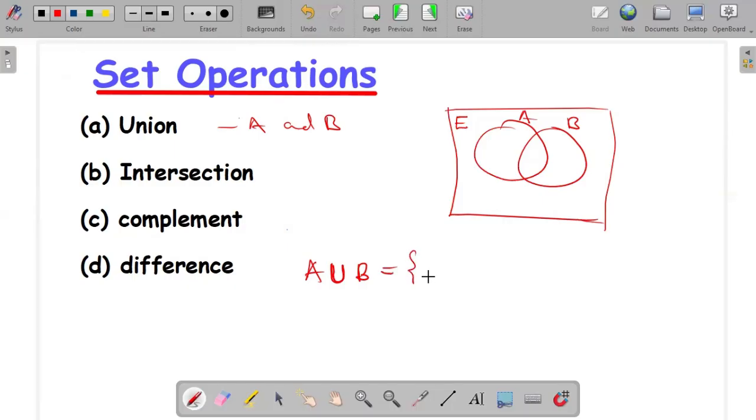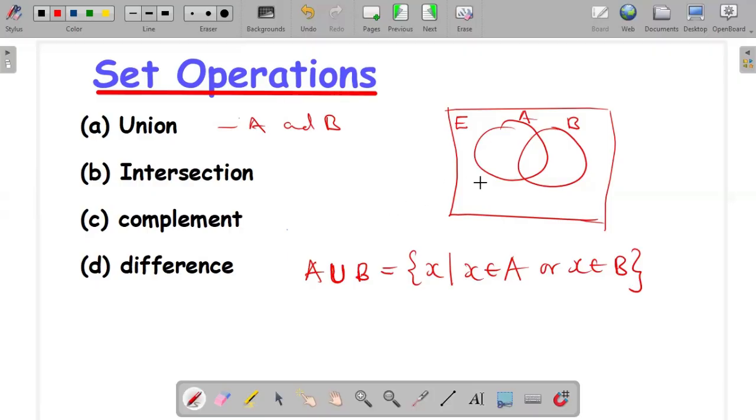This is the set of x such that x is a member of A or x is a member of B. So x can either be in A or in B, meaning this is joining the whole set together.